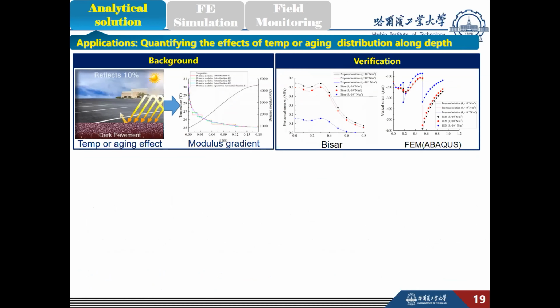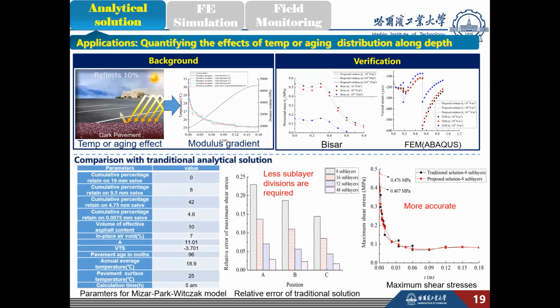In the conventional solution, this could be achieved by setting more divisions of layers, which we call sublayers, with a constant modulus, while the proposed analytical solution can consider the modulus varied exponentially along the depths. Therefore, we could use fewer sublayers. This feature contributes to a great improvement of efficiency.